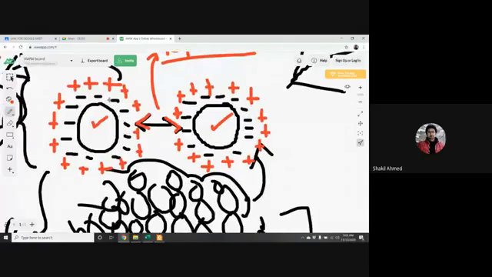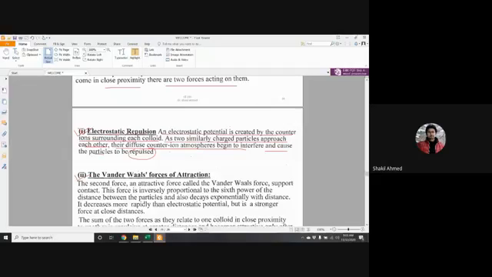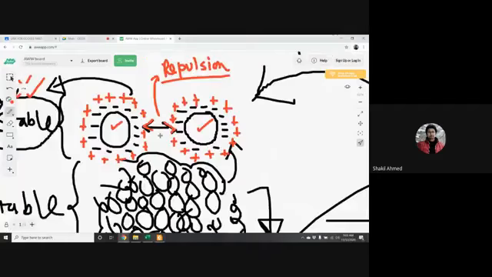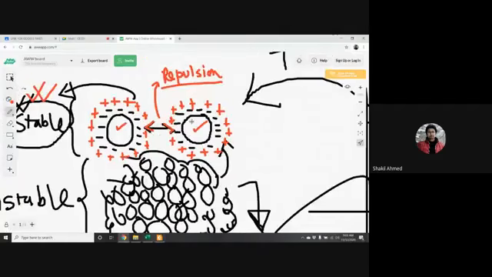Double layer, negative, positive. So these two double layers, similarly charged, repulse each other. When does this happen? It happens when the particles try to come close to each other. Is it clear, guys? Yes, sir.